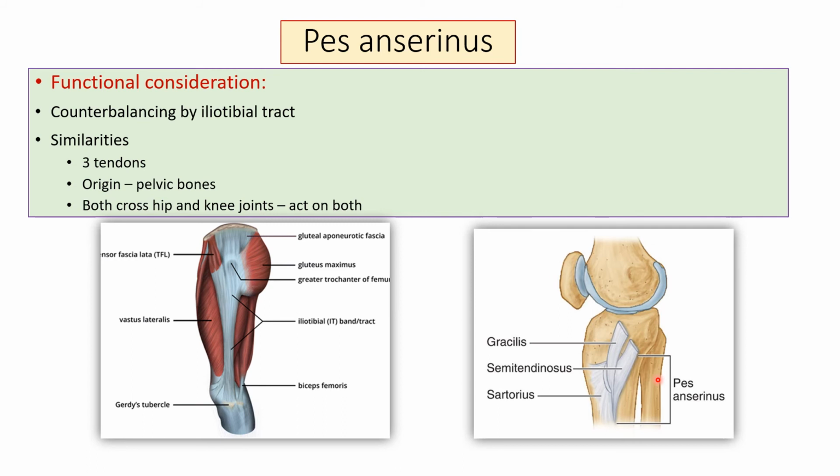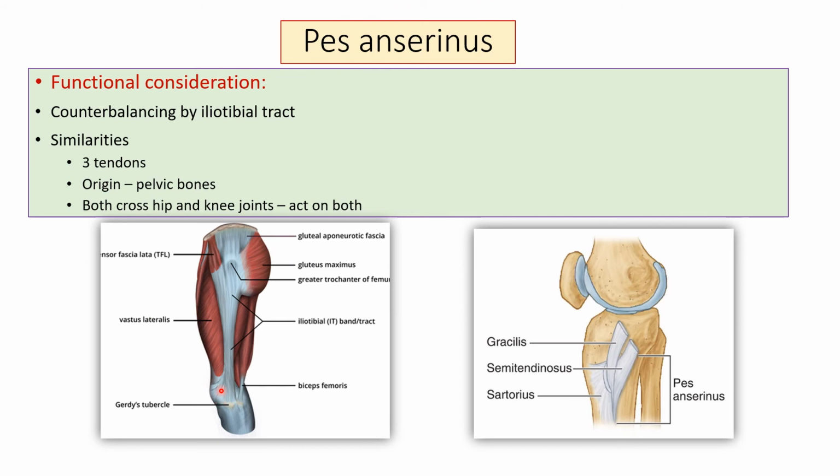And there will be a counterbalancing mechanism on the anterolateral aspect of the upper part of the tibia, which is by the iliotibial tract, an aponeurotic sheet. The contributions for the iliotibial tract are the gluteus maximus, the tensor fasciae lata, and a few fibers, that is the aponeurotic expansion of vastus lateralis.